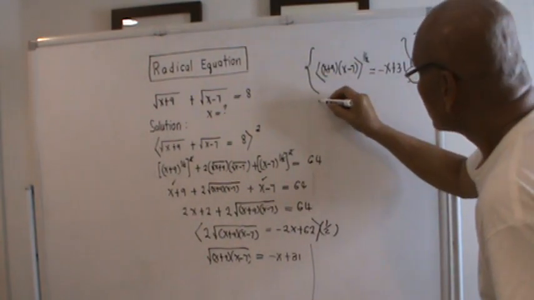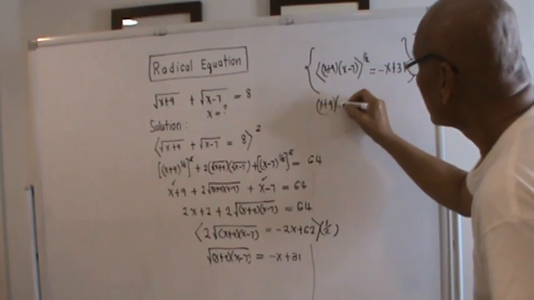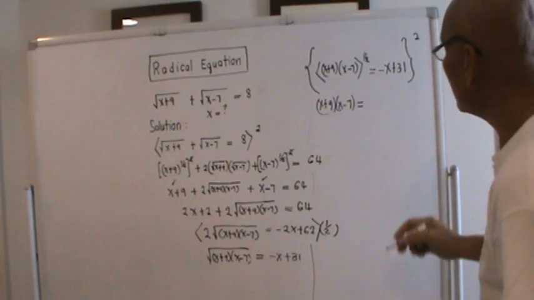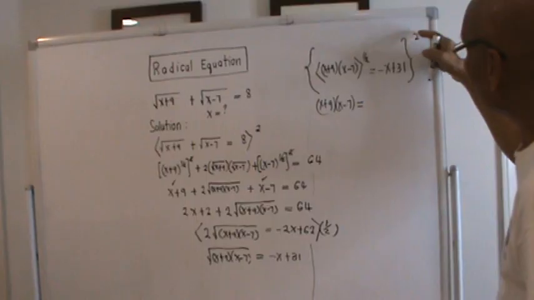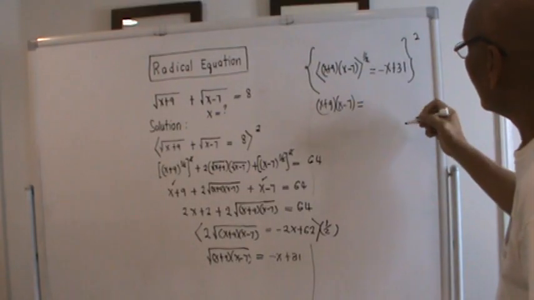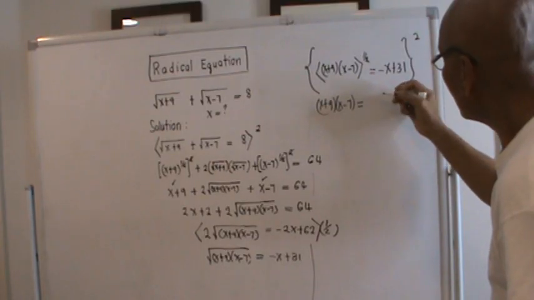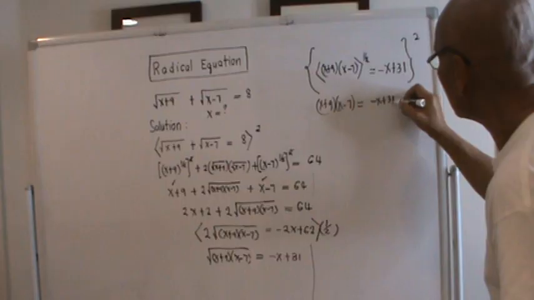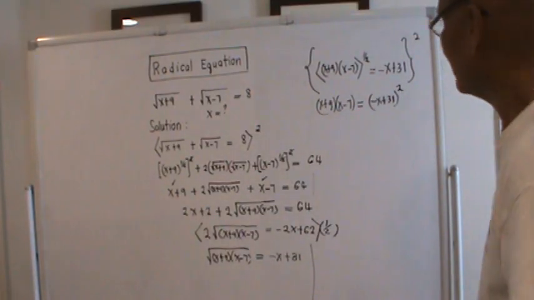What comes out will simply be x plus 9 times x minus 7, and this should be equal to, since this is under the square root, we square it, so these will disappear. The right hand side becomes the quantity minus x plus 31 squared.